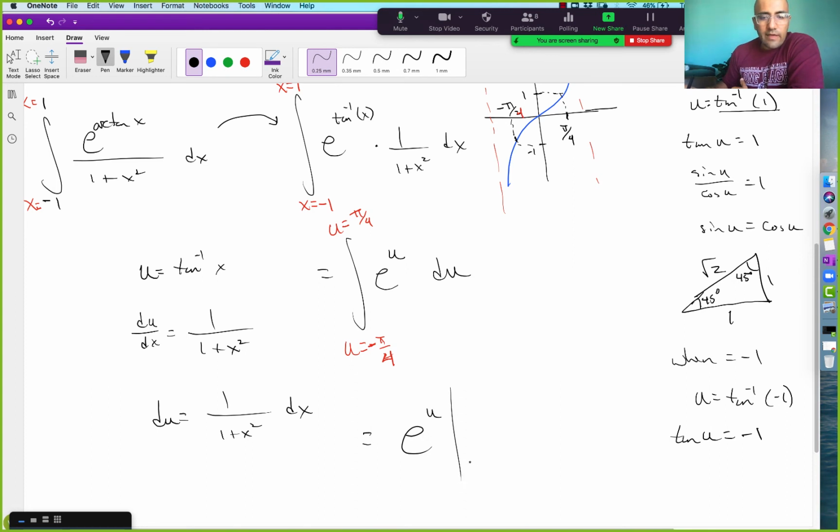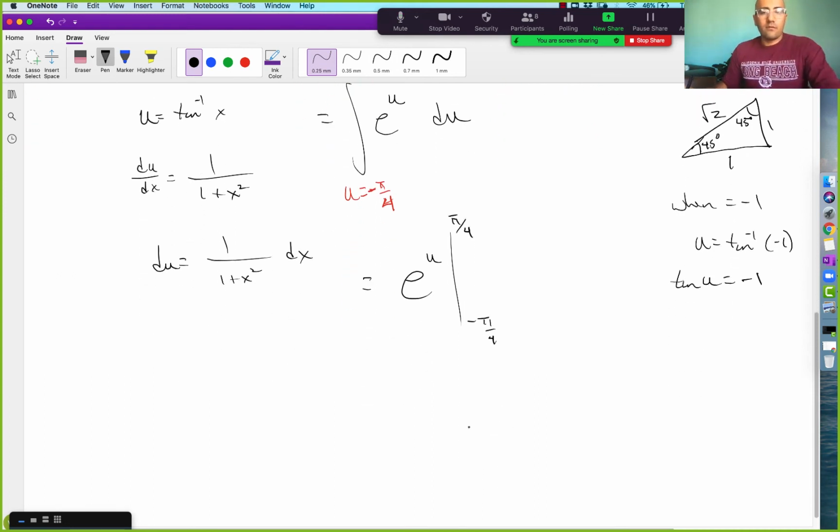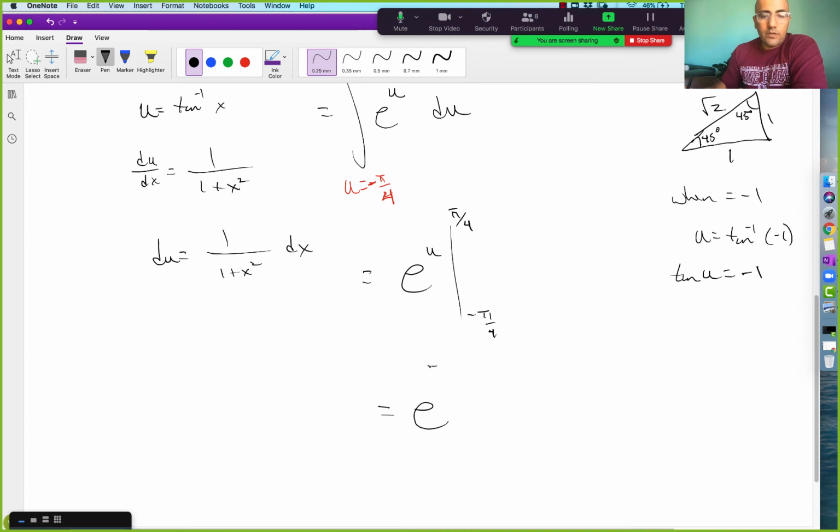E to the u evaluated from negative pi over 4 to positive pi over 4, or just e to the pi over 4 minus e to the power of negative pi over 4. So that's a good enough place to stop, or you can just punch it into your calculator and get a nice decimal approximation.